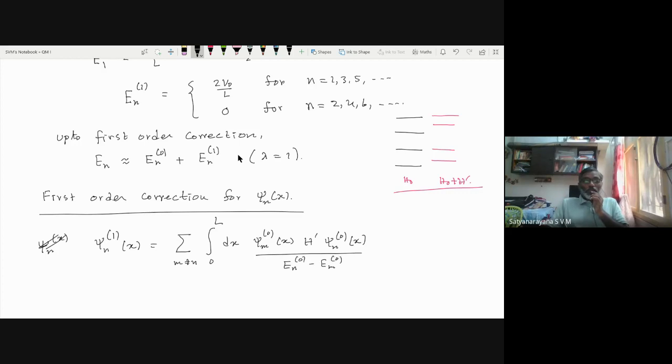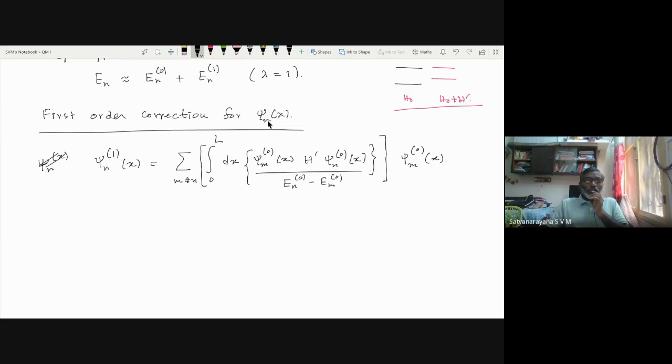So this is the coefficient. Okay, so you have to integrate this to get this coefficient. So you do this integration and then you put that as a coefficient to psi m0 of x. Okay, so we have to solve this integral.